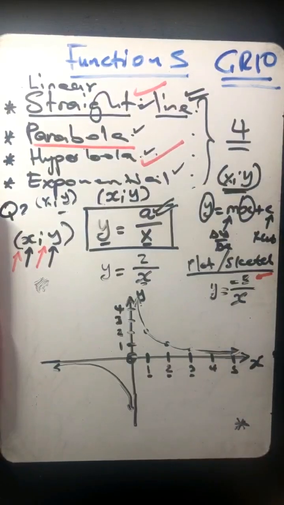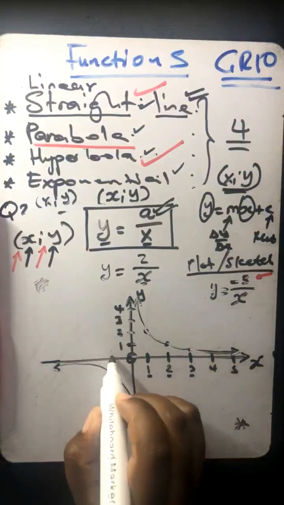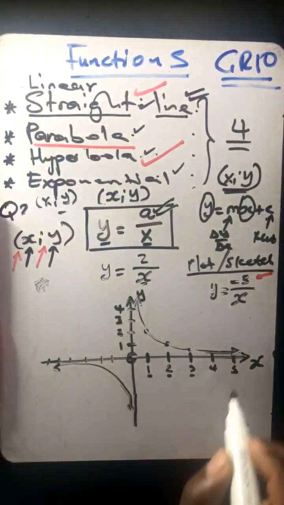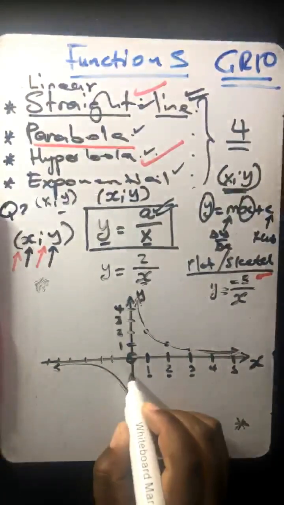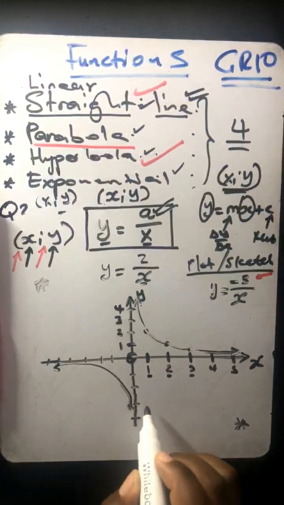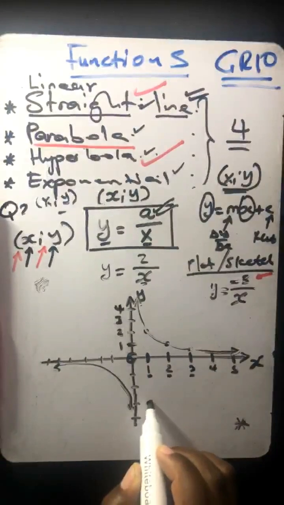So it seems like whether you use negative 1 or 1, it doesn't really matter that much. So since it doesn't matter whether you use negative 1 or positive 1, let's continue with the positive values. So let's say negative 3 over 1. What is it? It's negative 3. So that means where x is 1, the corresponding y value is going to be negative 3.